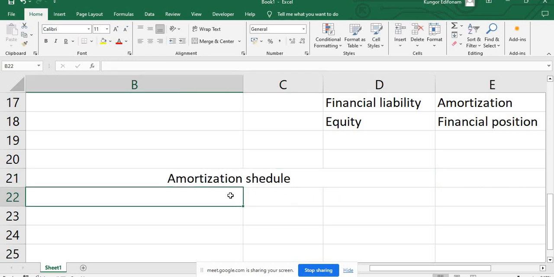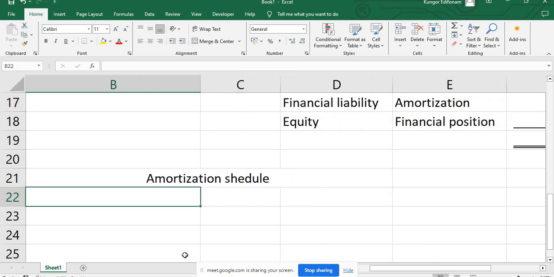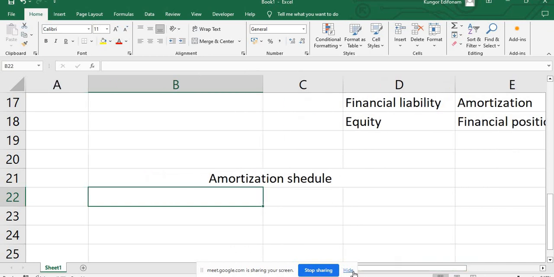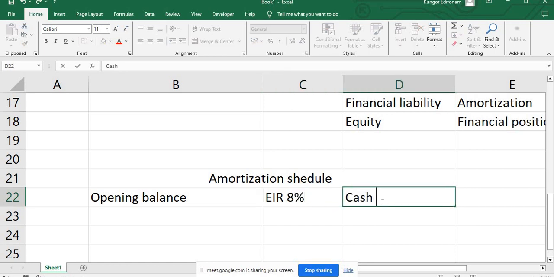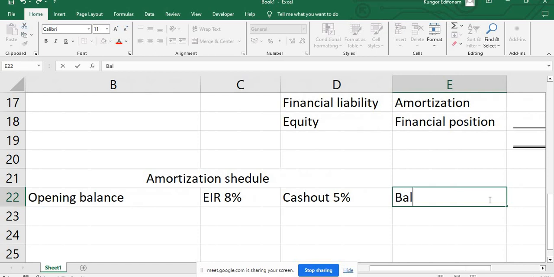The first column would be our financial liability, the opening balance, and then the effective interest rate of 8%. Then we'll have the cash out, because that's what we'll be paying to the investor, so cash out of 5%, and then the closing balance.